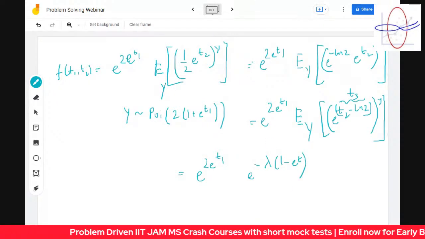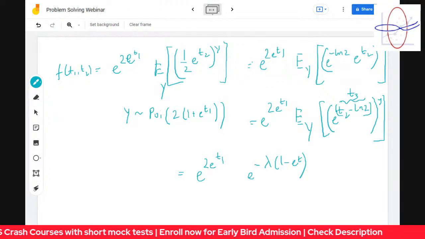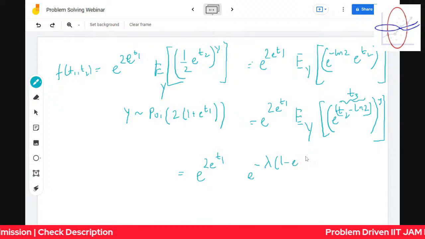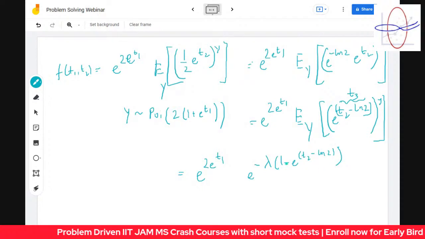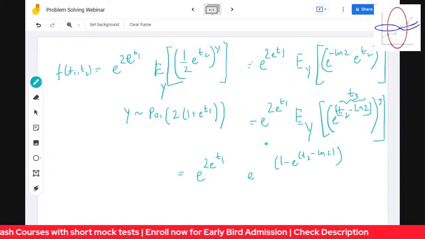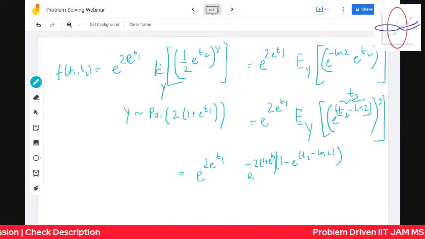Let me just check. This, right, Satej? So therefore here it's t3, and t3 is this: t2 minus log 2. And lambda here is different. Done. So this is the final MGF. Also, did you understand it? Any doubts in this way of thought?